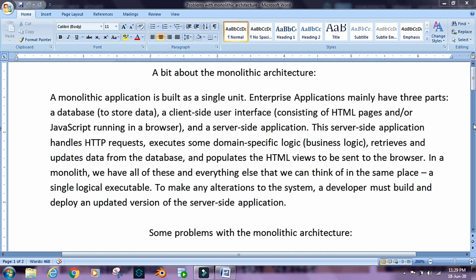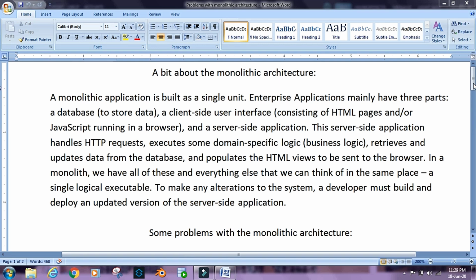We would need to update the application layer, the data access layer, the configuration layer, and everything that is present inside the application, because the application is a whole unit, right? So all the components for which there is no change also need to be deployed again onto the server, because they are a single unit. So that is what monolithic architecture is about.